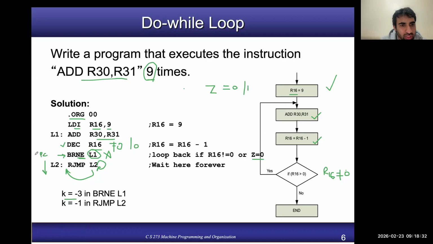PC plus 1 is the next instruction. Now, if you remember how the value of the PC is affected when this instruction is executed and the branch is taken, the new value of PC becomes PC plus 1 plus K.